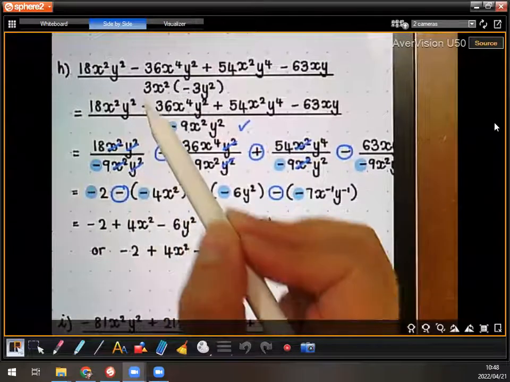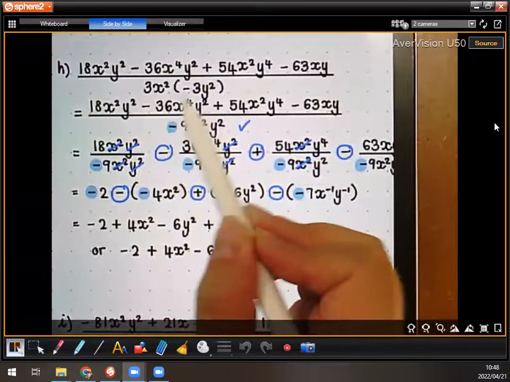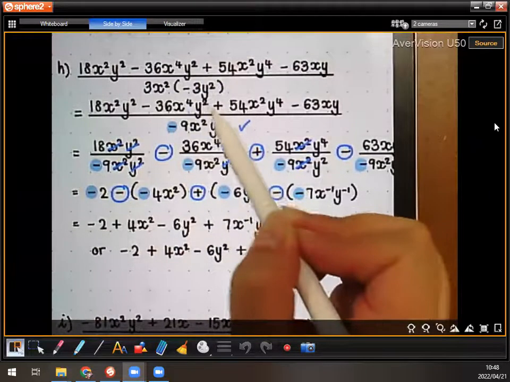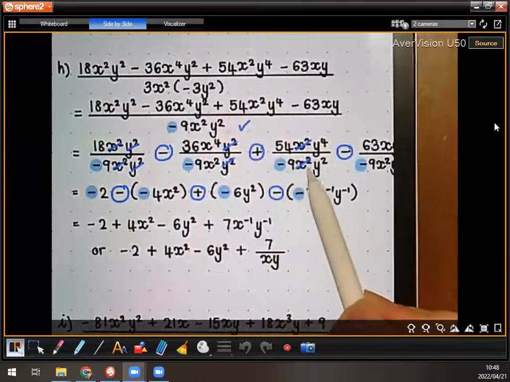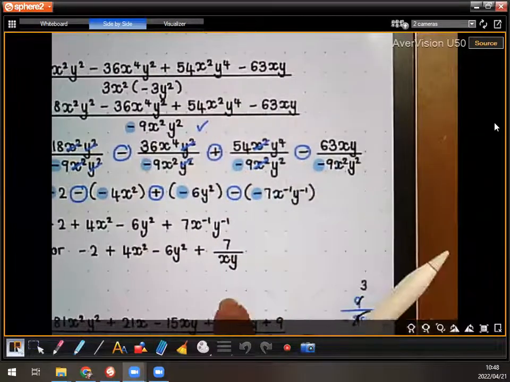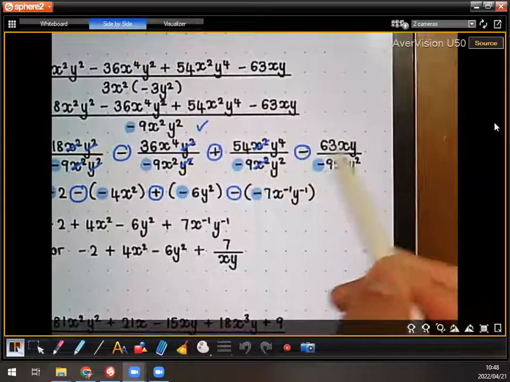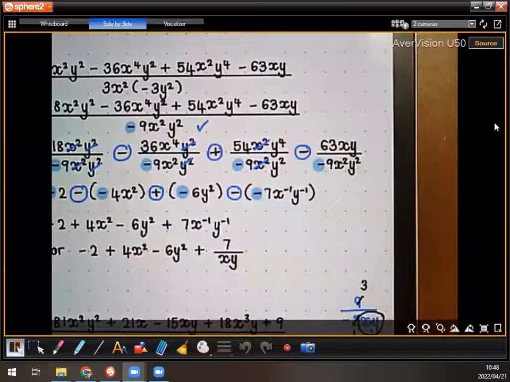The minus in front of the fraction is coming from that minus there, okay? This term over negative 9x squared y squared. Plus, that plus is going there. This term over negative 9x squared y squared. And then that minus is coming from the minus in front of the fraction, 63xy over negative 9x squared y.